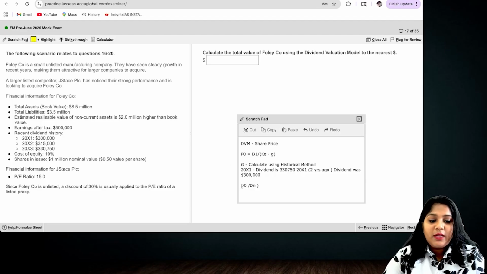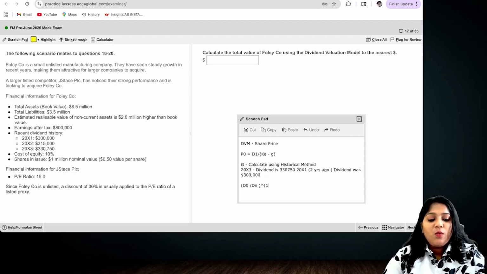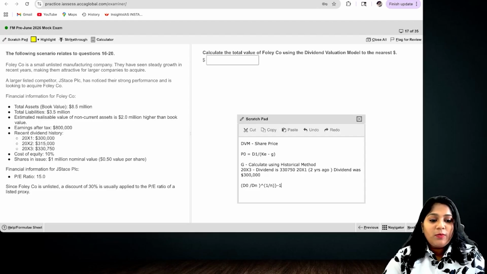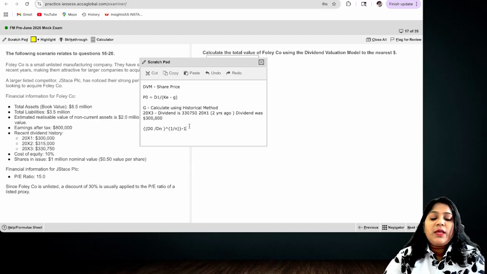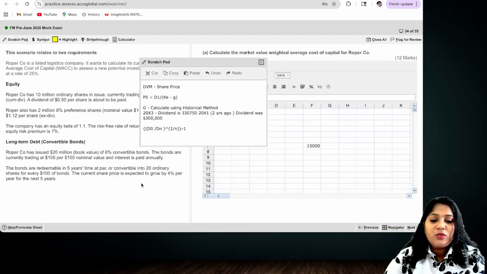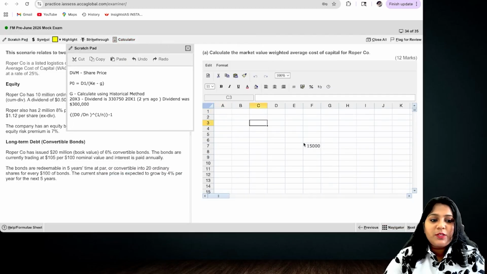Whatever you get, raise it to the power 1 by 2, that is 1 by n, and whatever answer you get, minus 1. With this, you'll be able to get the growth rate. Now, how do I do it in the spreadsheet? Guys, go to the navigator, straight to the spreadsheet question. Use this, you know the information already.